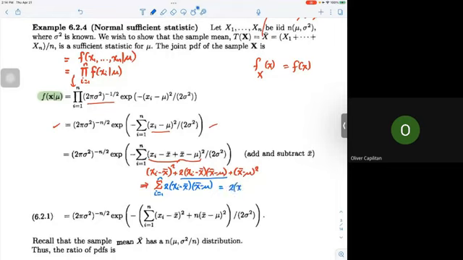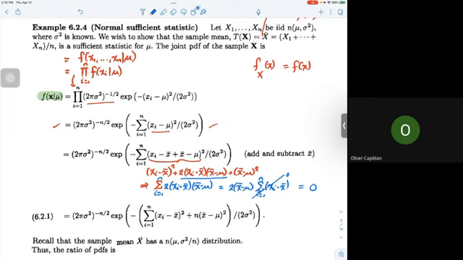So we have 2 times x bar minus mu. Then we have here the summation of x sub i minus x bar, i from 1 up to n. Using the property that the summation of the deviations of every observation from the sample mean is equal to 0, the whole thing will be equal to 0. So the second term in our summation will just be equal to 0.